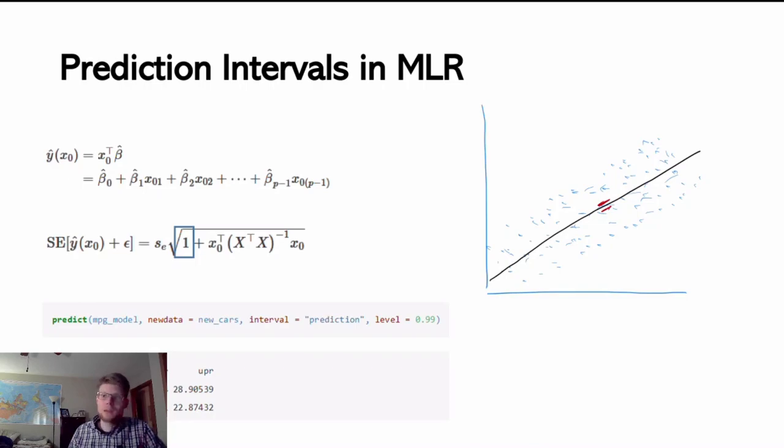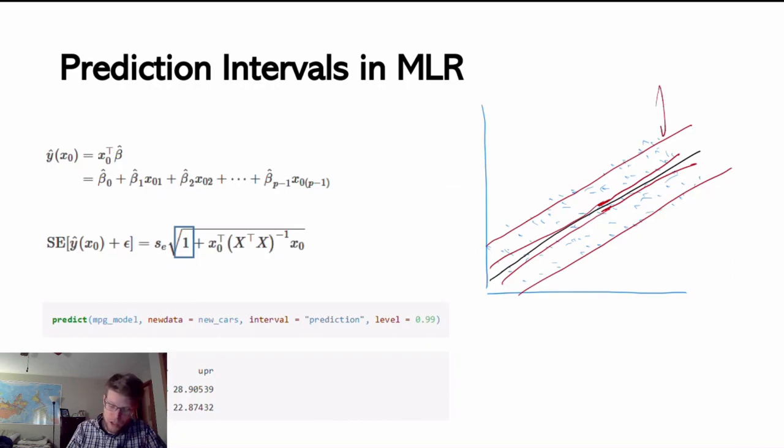So depending on how much data I have, I might be pretty confident of where the mean of y is going to be. And so this is going to be a very narrow range around my line. Whereas a prediction interval is going to be capturing that percent of the data at any given point, right? So the prediction interval is going to be much wider. So this is a prediction interval. This is a confidence interval.